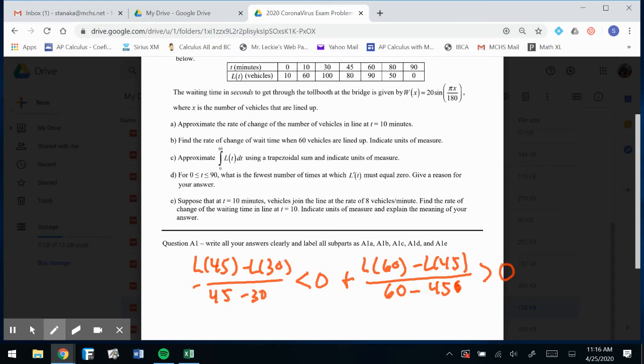The IVT shows me that if one rate of change is negative, and then if I just continue on, because it's continuous, from 60 to 45, the rate of change is greater than 0. Well, then that means there has to be an average rate of change between those values that has to be 0. And the average rate of change has to equal the instantaneous rate of change. That's 2 times. So far I've got 2 times.